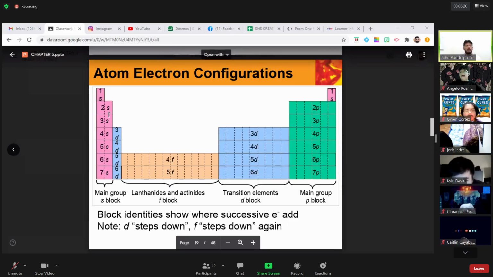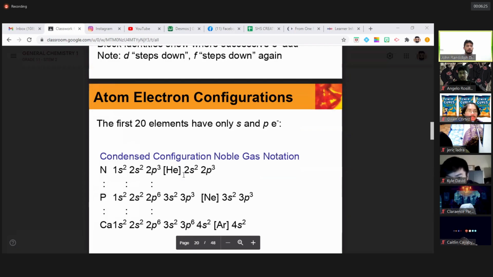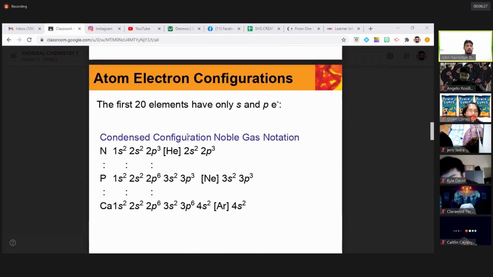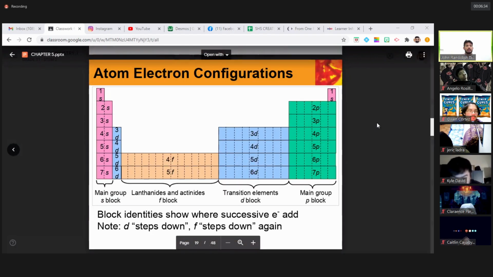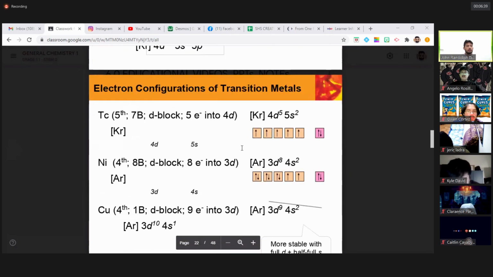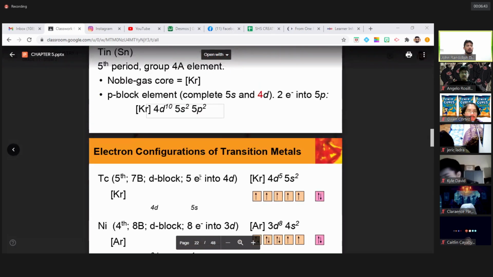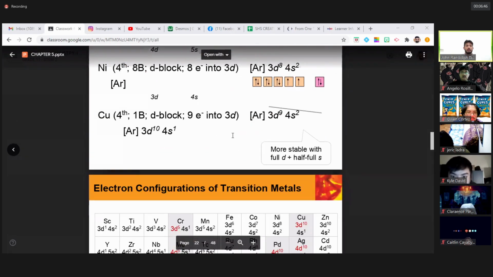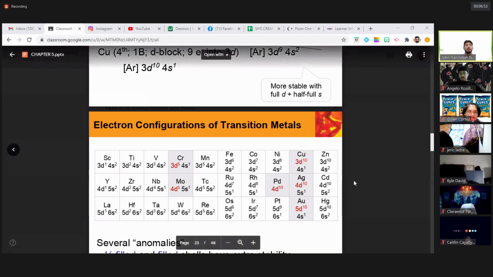Here we have the S block, the P block, the D block, the F block. The electron configurations of the first 20 atoms have only S and P. We'll not discuss the rest. You will just have to use the mnemonic to help you write the electron configurations of the neutral atoms.